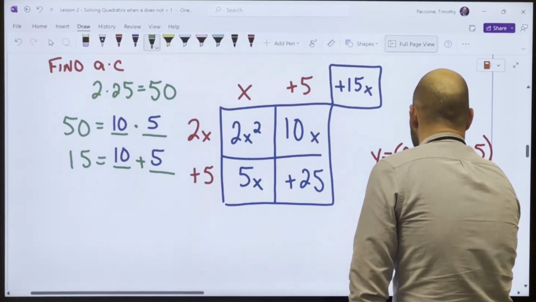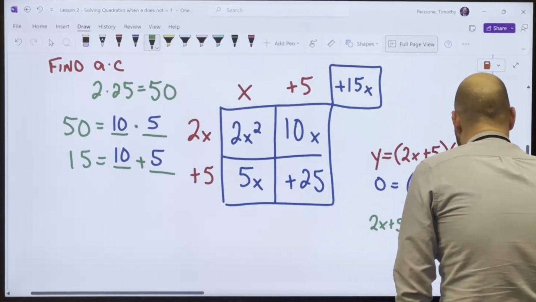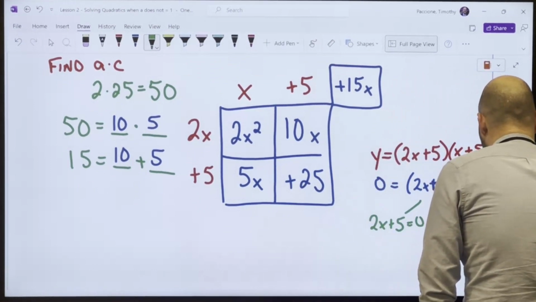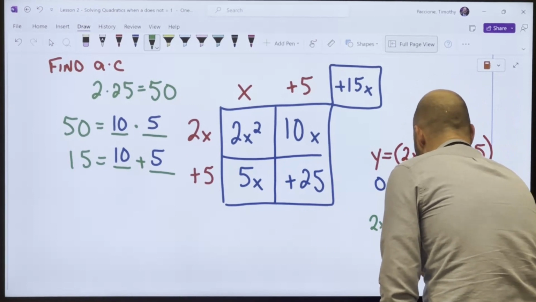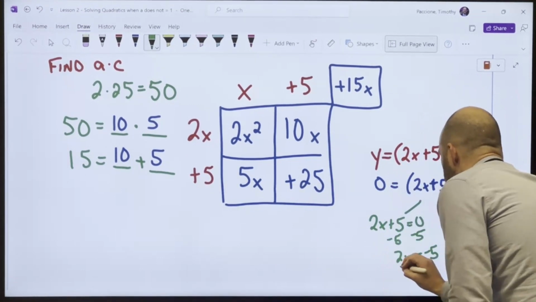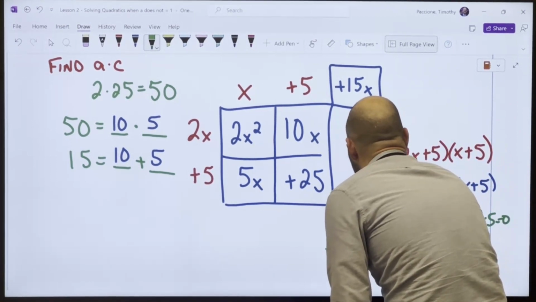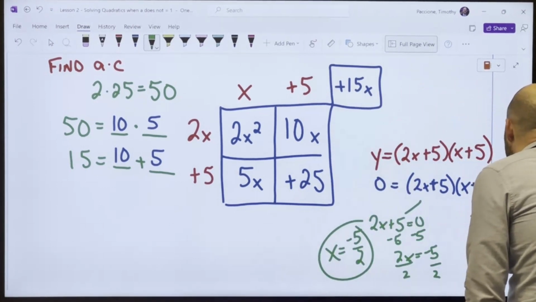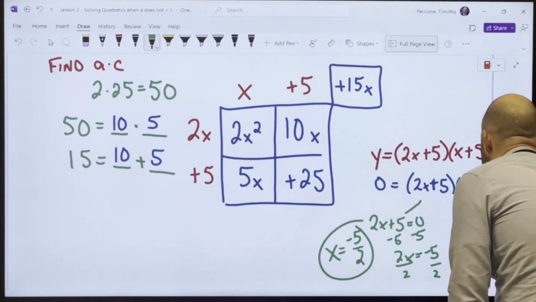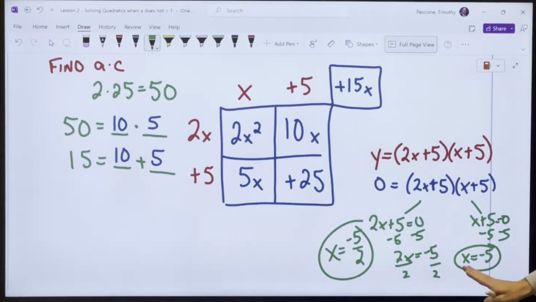I know that 2x plus 5 equals 0, and x plus 5 equals 0. So I minus 5 on both sides here. 2x equals minus 5. Divide by 2, divide by 2. Here I get x equals negative 5 halves. On this one, I minus 5 on both sides, and I get x equals negative 5. And I found my two solutions.